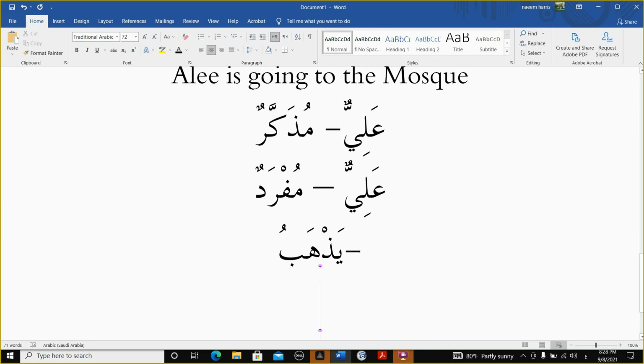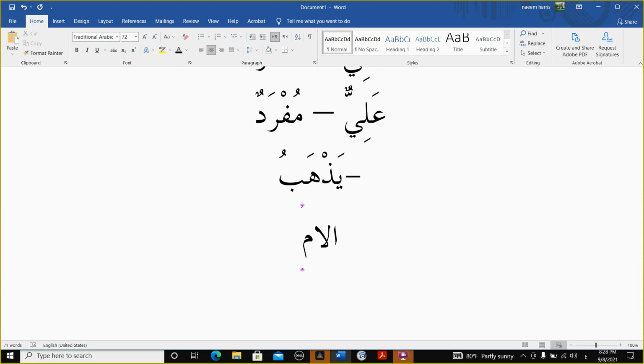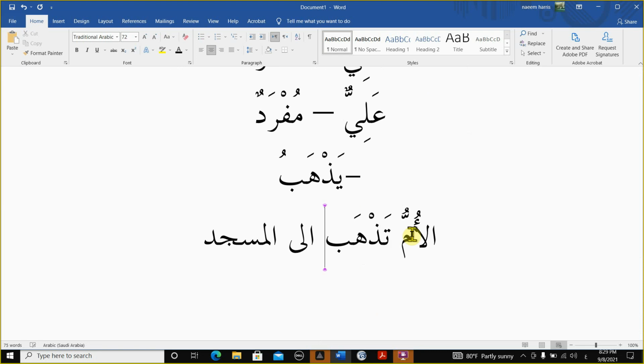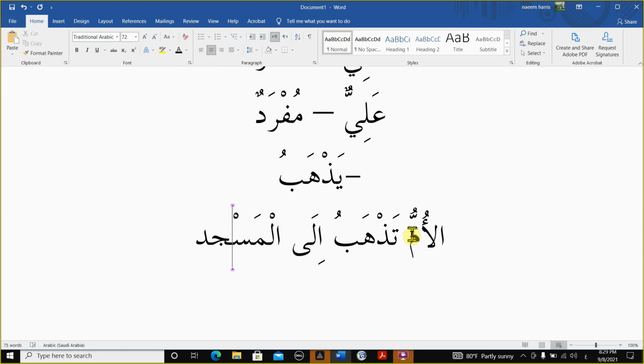The mother goes to the mosque. الأم, the mother, مؤنثة, feminine. The word the mother is feminine.